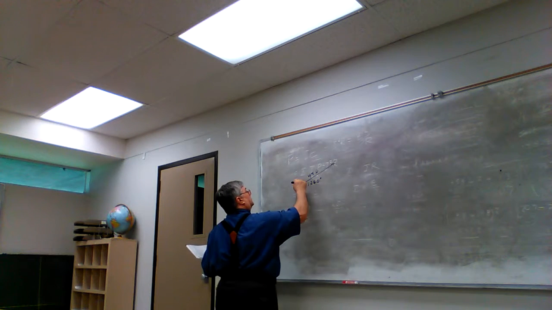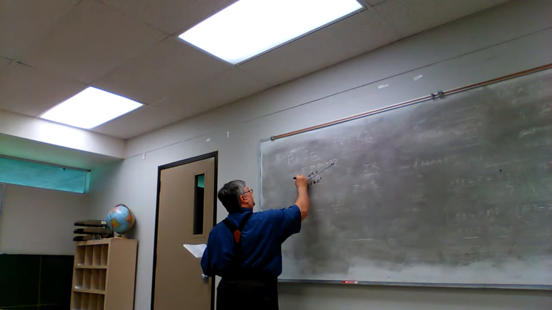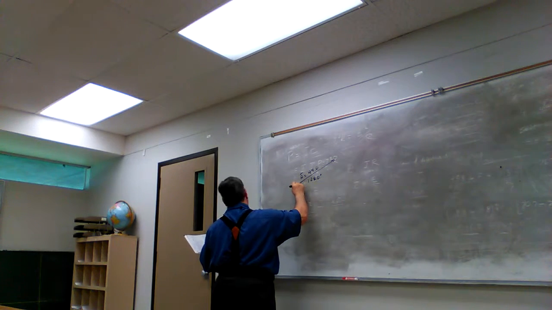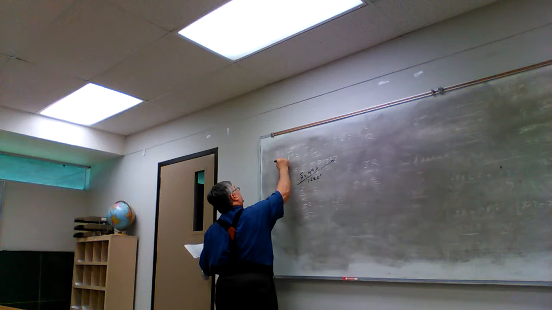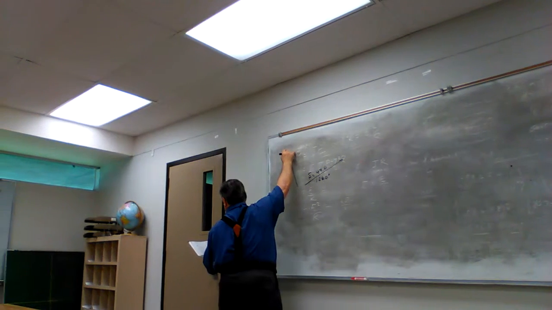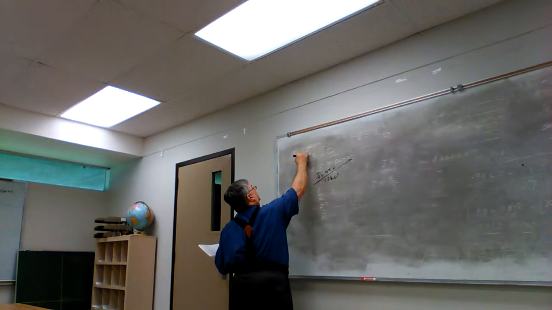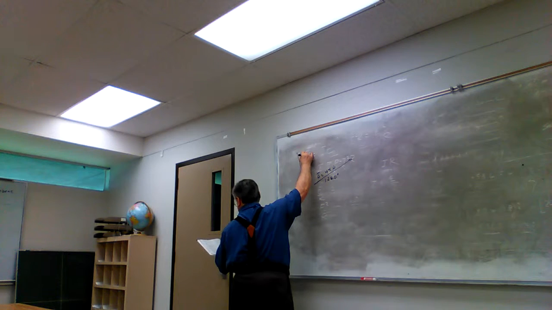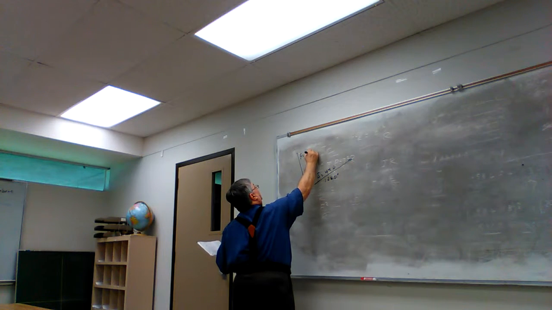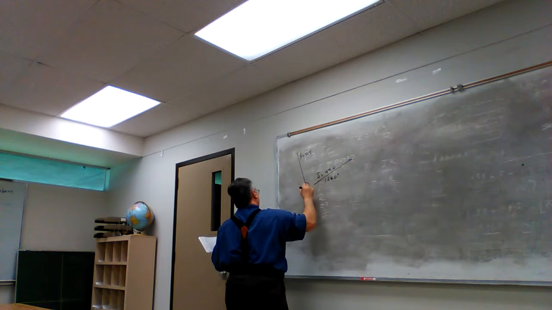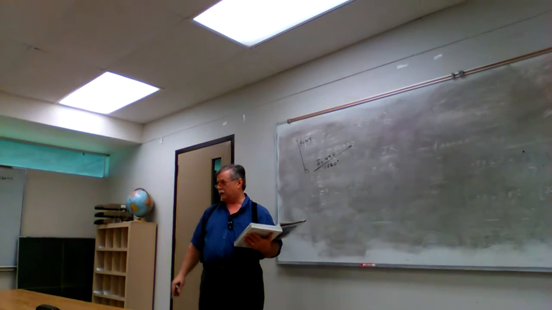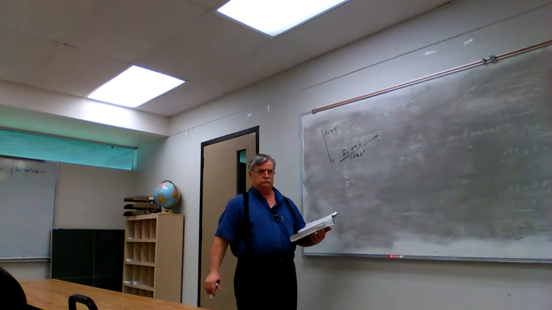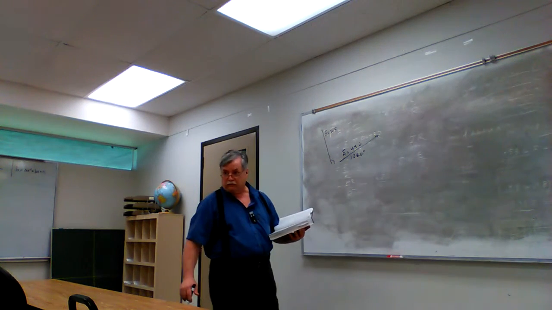B is 26.5 units at an angle of 180 minus 56, which is what? 124, you say?